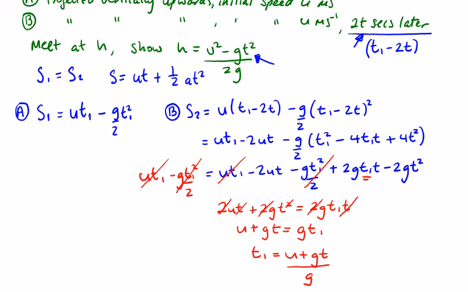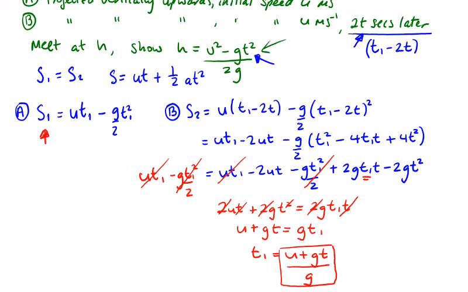So that should help me now. If I fill this into my equation for S1, I should be able to simplify down to get the distance here, because what I'm trying to do is not have a t1 in the answer. So I have t1 here in terms of t, and now I can sub it in here. And hopefully that will give me what they were looking for.